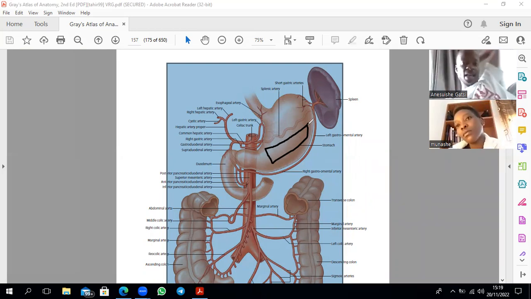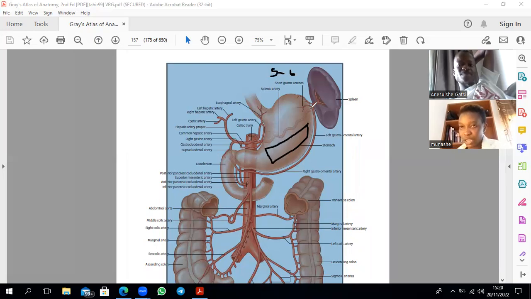Before it enters the spleen, it gives two named branches. Number one, what we call short gastric arteries. The gastric and gastro-omental names only apply when we're talking about the stomach.